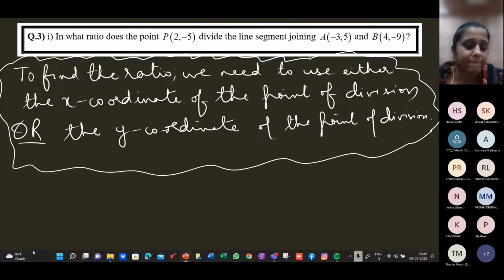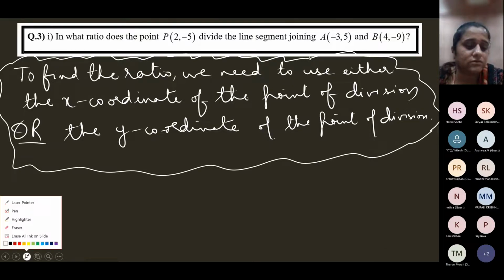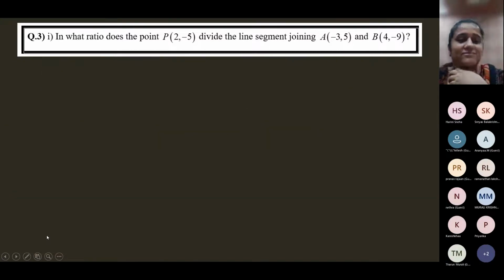I'm clearing the slide. Shall I do it? Yes, ma'am. Okay. By the way, Tarun, did you write it down? Yes, ma'am. Now Tarun, read from your book. What have you written?